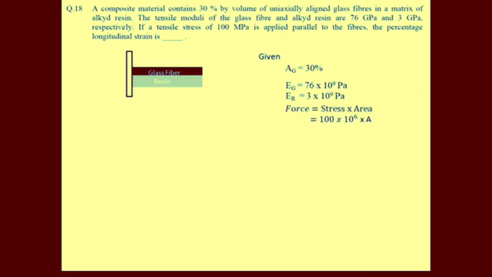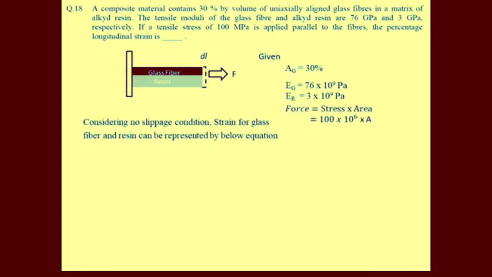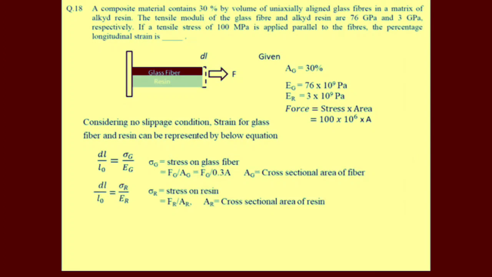So let's imagine on application of 100 megapascal stress, composite deformed by a very small amount dl. Considering no slippage condition, the strain for both fiber and resin will be same. So the strain for fiber and resin can be written as the stress divided by respective modulus.